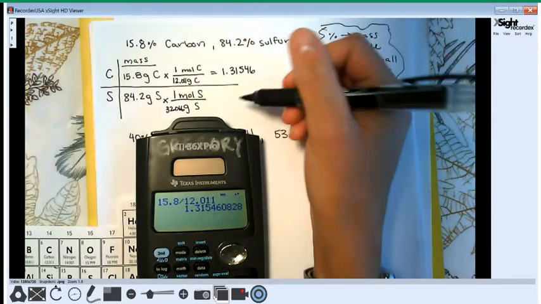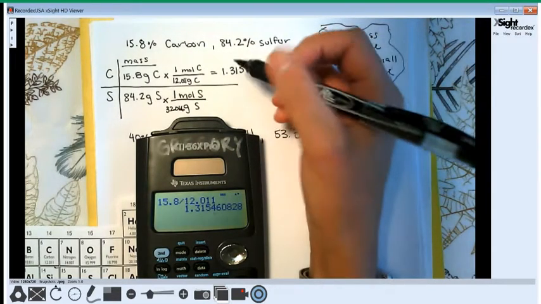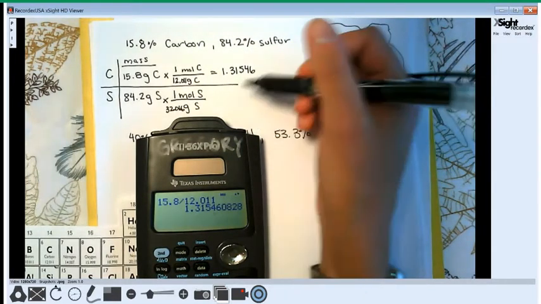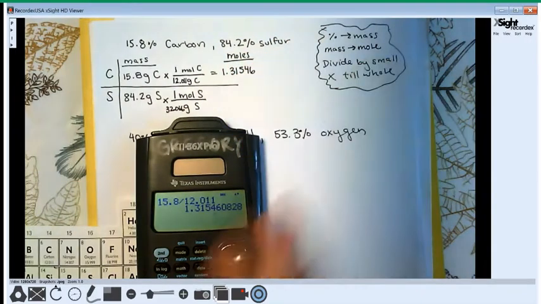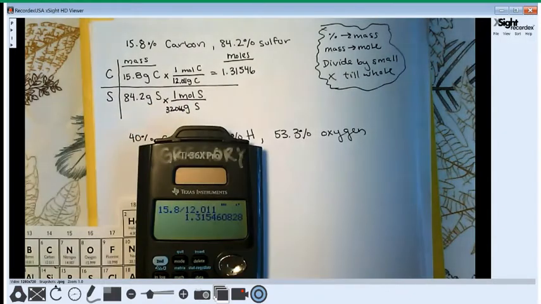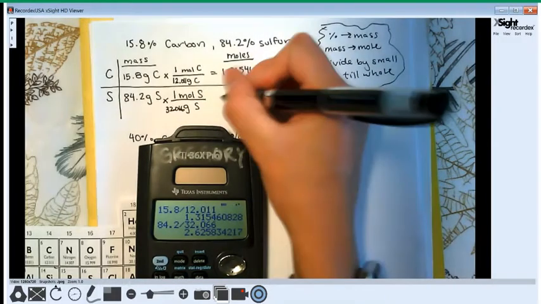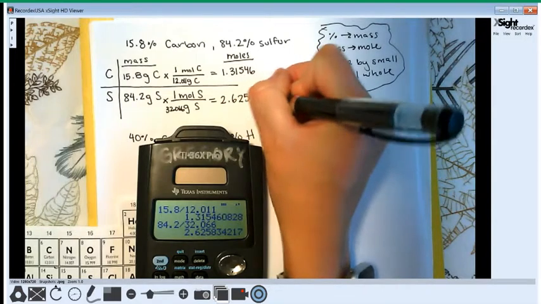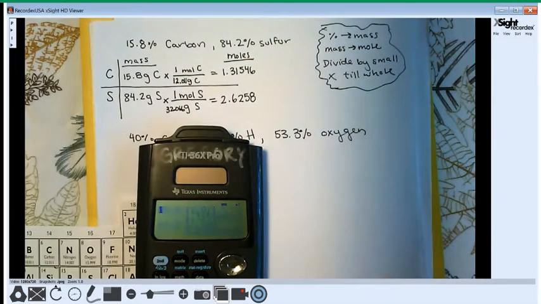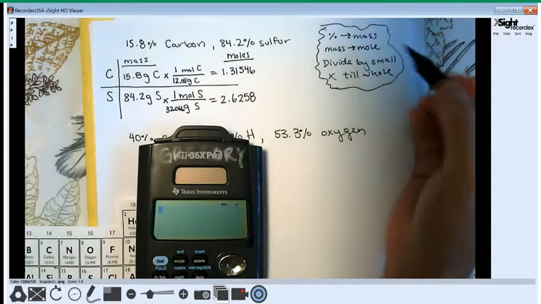In these problems, I always keep a bunch of decimal places so I don't wind up with a rounding error. So this is my number of moles. Then I do the same for sulfur, 84.2 divided by 32.066, which gave me 2.6258 moles of sulfur.